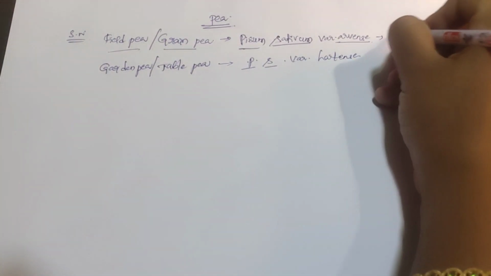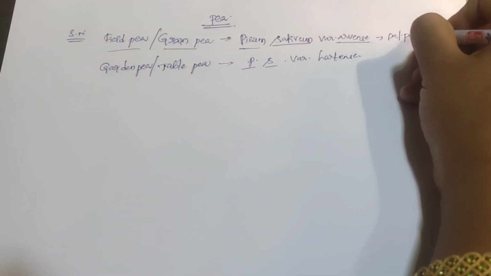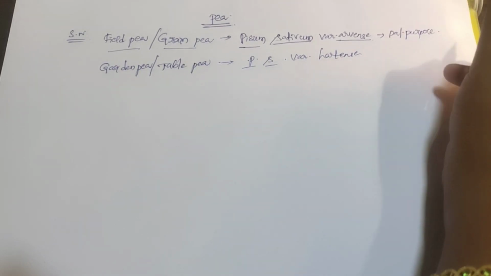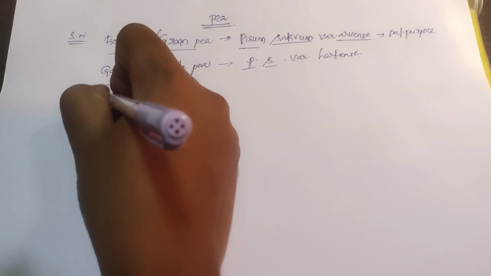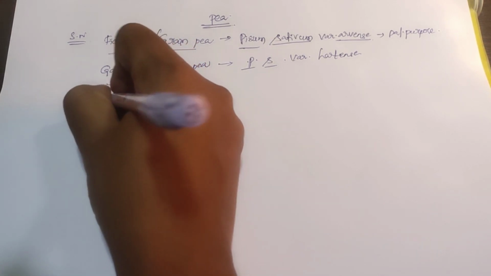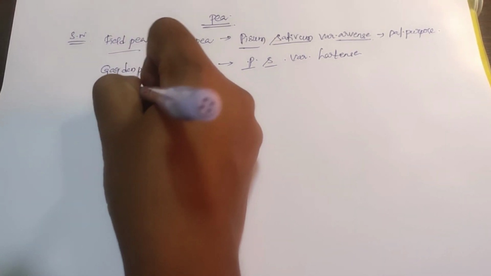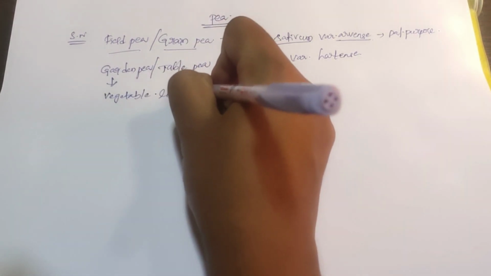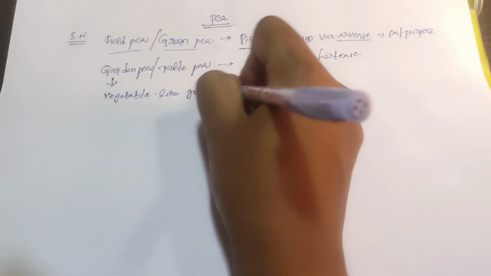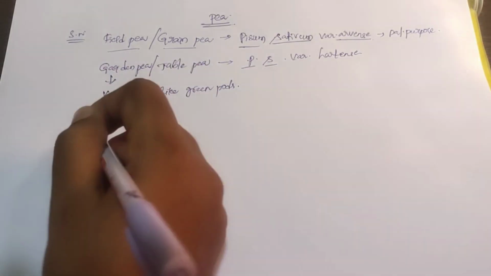The field pea is used for dal purpose. The garden pea is used as a vegetable, like green pods.